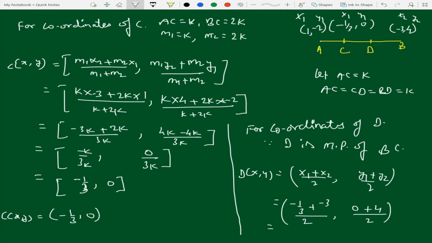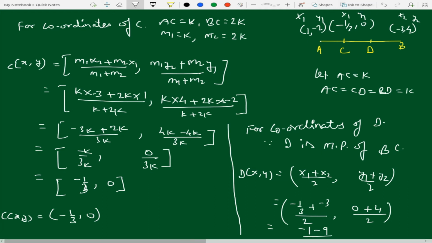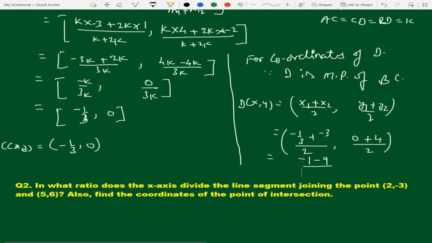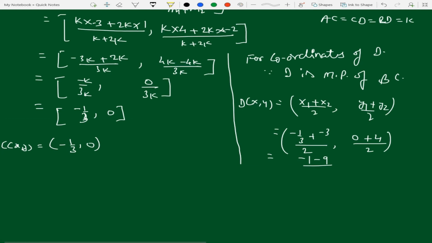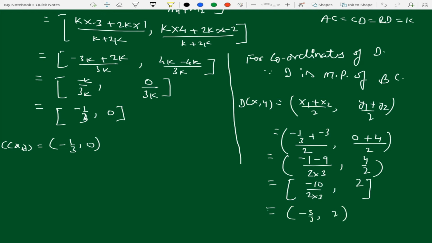So this will become (-1 minus 9) upon (2 into 3), comma 4 by 2. So this will become -10 by (2 into 3), comma 2. So coordinates of D will be (-5/3, 2).